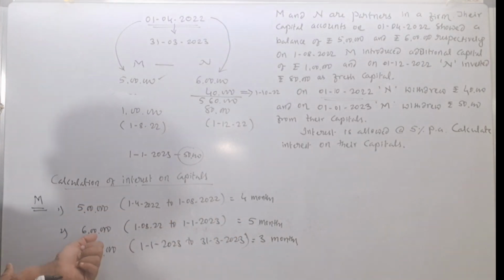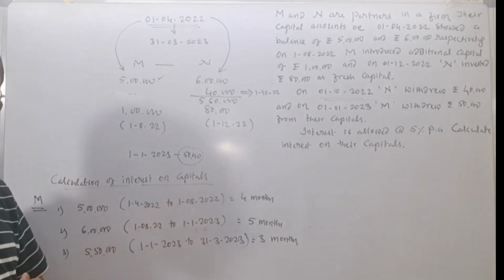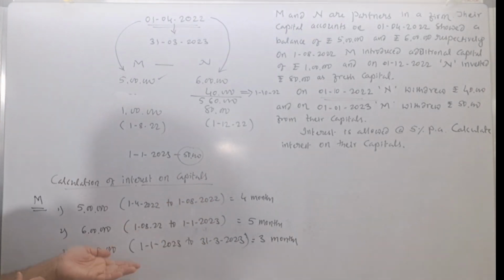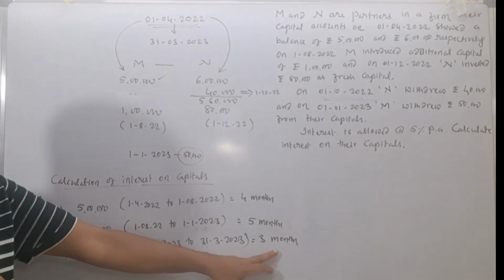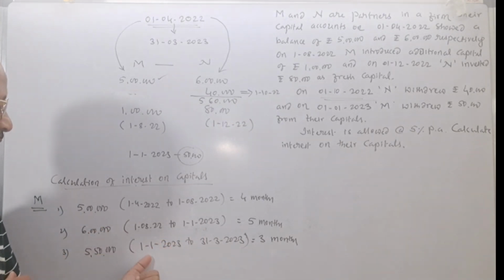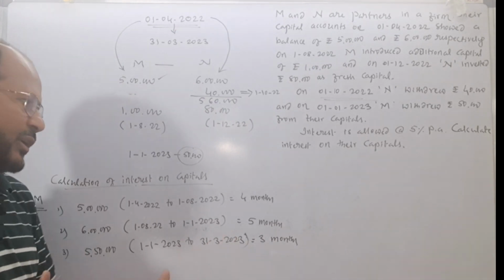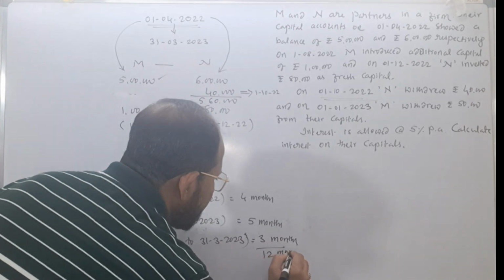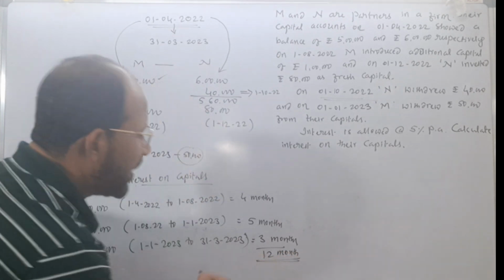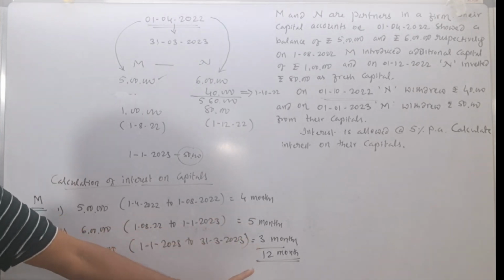Next one is, on 1st January 2023, he withdrew rupees 50,000. Because of that reason, his capital has gone down to rupees 5,50,000. Therefore, 5,50,000 was used in the business for the period of 3 months. That is from 1st January 2023 to 31st March 2023. Now you see here, make the total of this. It comes to how many months? 12 months. 4 months, 5 months and 3 months.